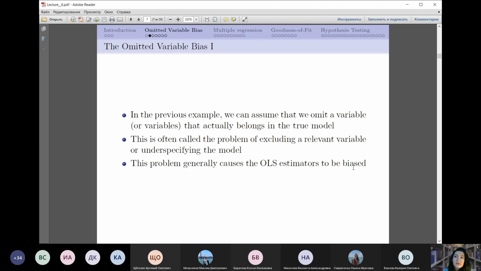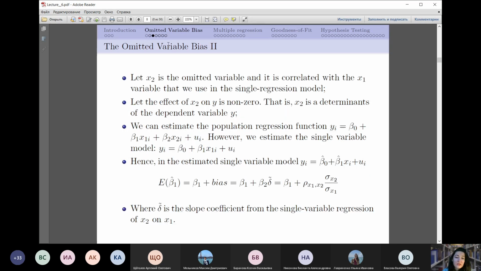If you don't remember, please recall the first lecture, because in it we discussed the assumptions of the ordinary least squares method, and the assumptions in the simple and in the multiple regression models are almost the same, except for the multicollinearity problem. So if we have biased ordinary least squares estimators, this is a real problem for our model. So let's discuss what it means in general.